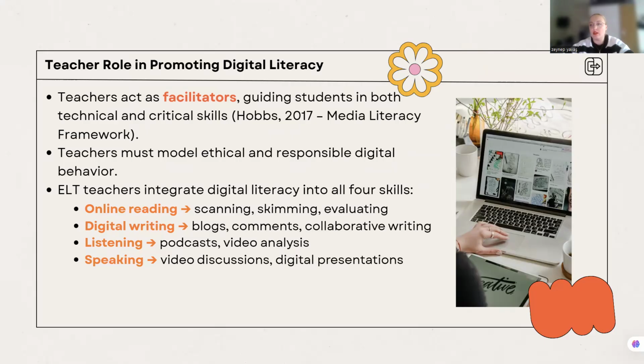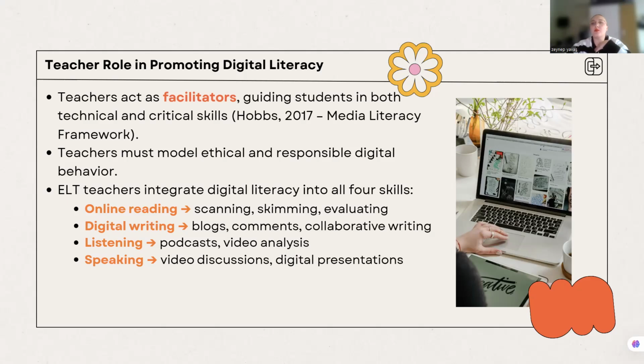And the teacher's role in promoting digital literacy. Our role as teachers is crucial. Hockly reminds us that teachers act as facilitators, guiding students through both technical skills and critical evaluation.